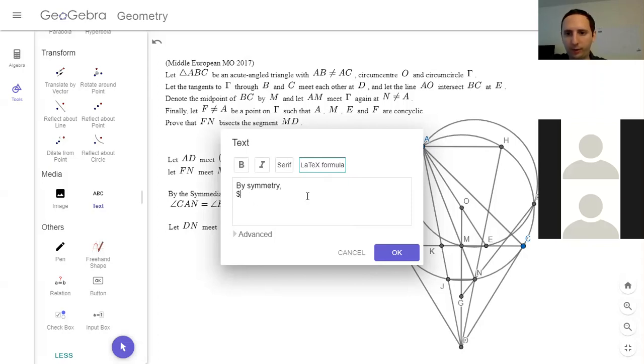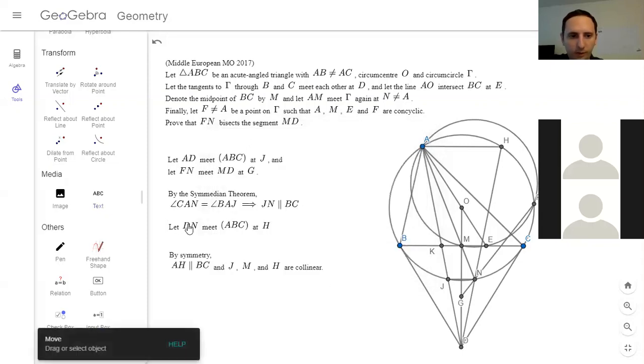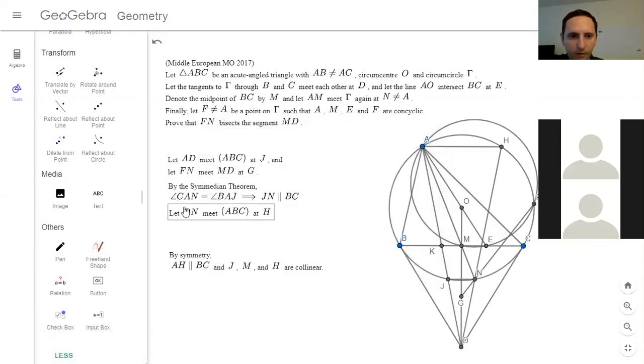I'll just say by symmetry, J, M, and H are collinear. Or I'll say this: AH is parallel to BC, and J, M, and H are collinear. Now I wanted to show J, E, and F were collinear, so I'm going to try to do that now.